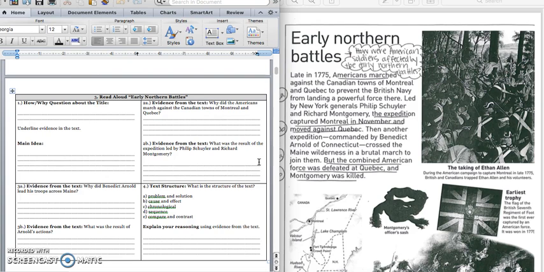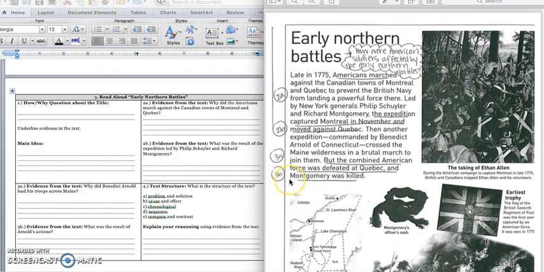It says, why did Benedict Arnold lead his troops across Maine? Okay, let's go back in our text. We found Benedict Arnold at the bottom, and it says he crossed the Maine wilderness in a brutal march to join them. Okay, who is he joining?